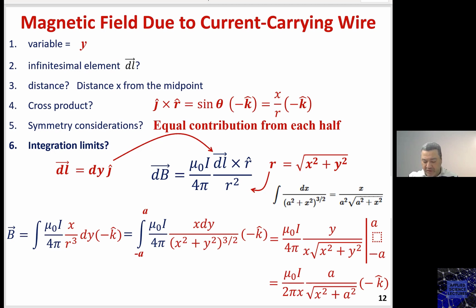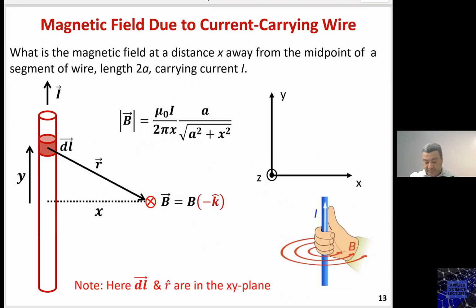Here there's also a second approach for calculating the cross product between J and R. Remember, we said that for J and R, it is sine theta. The angle between them is theta. So sine theta minus k hat. Then you can substitute sine with x over R. So if we look here, this angle here is theta.